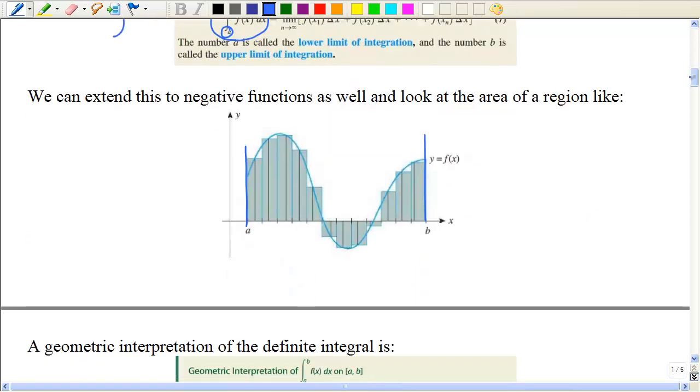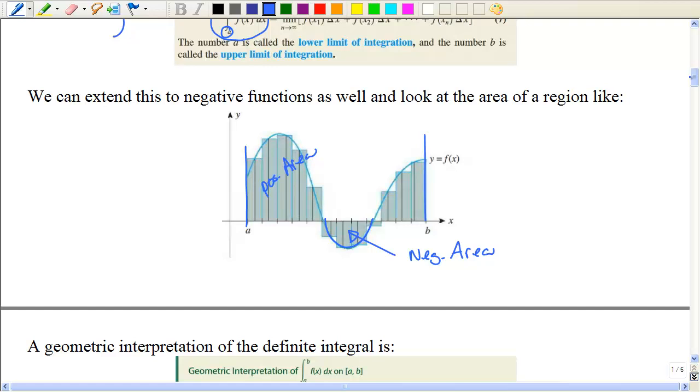We don't have to just have functions that are above the x-axis. We can also have functions that dip below. What's kind of interesting here is this would be positive area above the x-axis, where this would actually be considered negative area, which is an interesting concept since you've probably been taught since day one that area, length, width, and all of that needs to be positive.